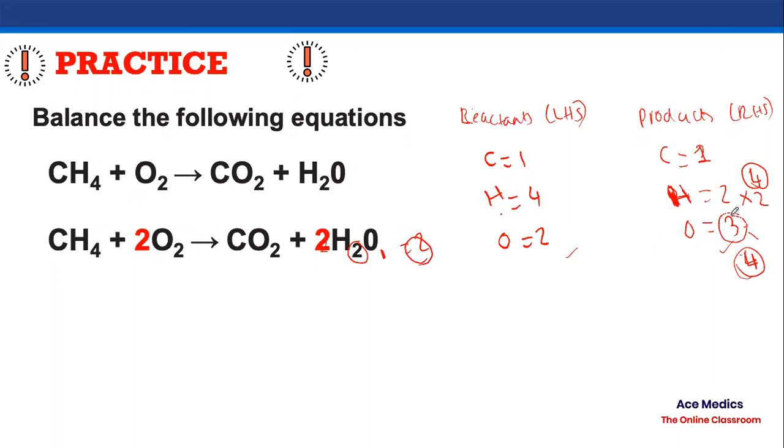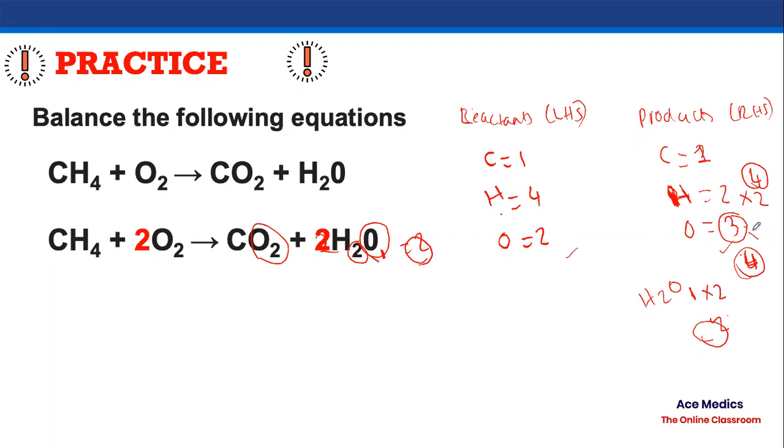So this number 3, I've just added the 2 oxygens here and 1 oxygen here, okay? But remember, we're just putting the big 2 in front of the H2O, and in H2O there's only 1 oxygen. So that's why we're timesing the 1 by 2 to get the 2 oxygens, okay? So if we add the 2 oxygens from the H2O, and then we already have the 2 oxygens of the carbon dioxide, we have 4 oxygens, okay?